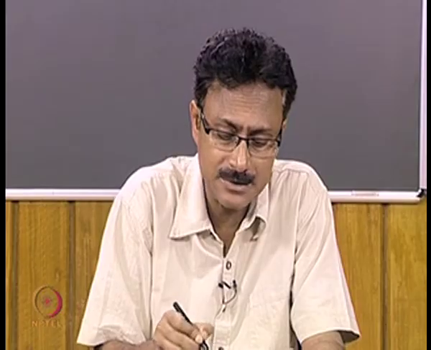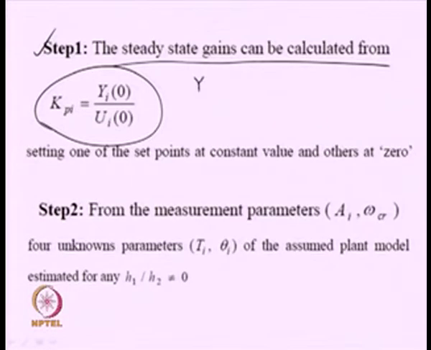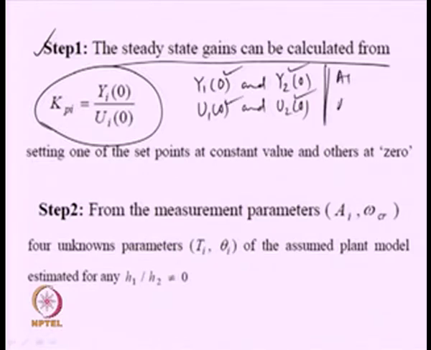So, the steady state values of the output signals y1 0 and y2 0 are measured. Similarly, the steady state values for the input signals u1 0 and u2 0 are measured. How many measurements have been taken so far? 1, 2, 3, 4, and A1 and A2. Please keep in mind we are making 6 measurements now.